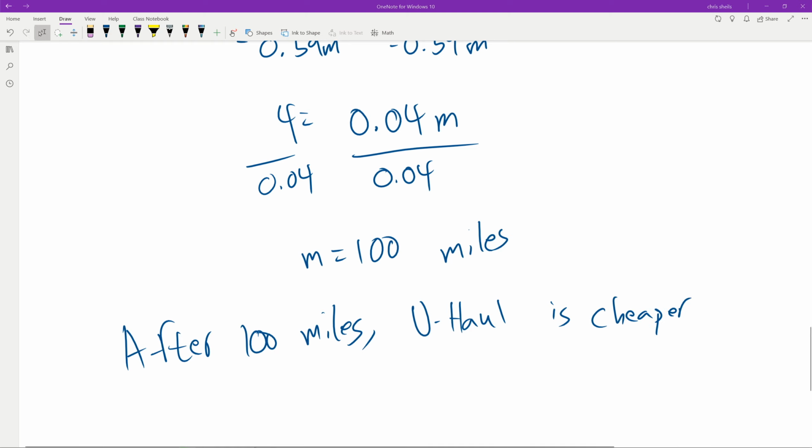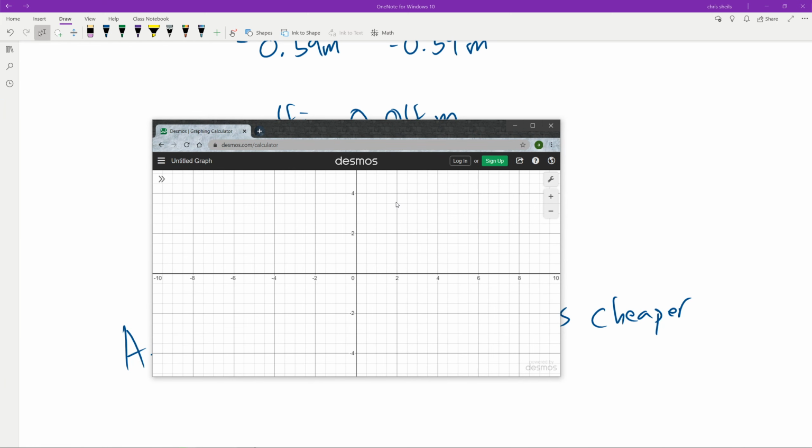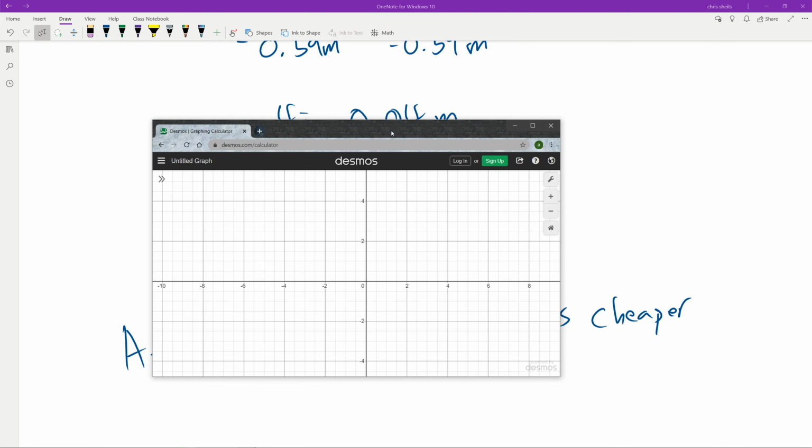Now I can, of course, go to Desmos.com and graph both of these. So whenever I graph both of them, notice at first that I don't see anything on this graph.